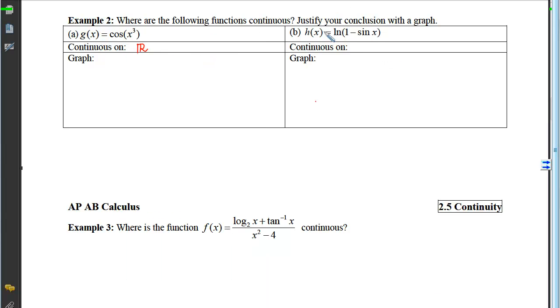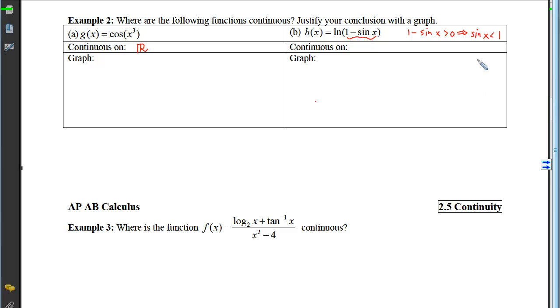So if we look at part B, we have to consider our domain issues, which are division by 0, even roots, and logs. And in this particular problem, we see that we have a natural log. We remember from our pre-calculus that the insides of logs have to be positive all the time. So that would mean that sine needs to be less than 1.